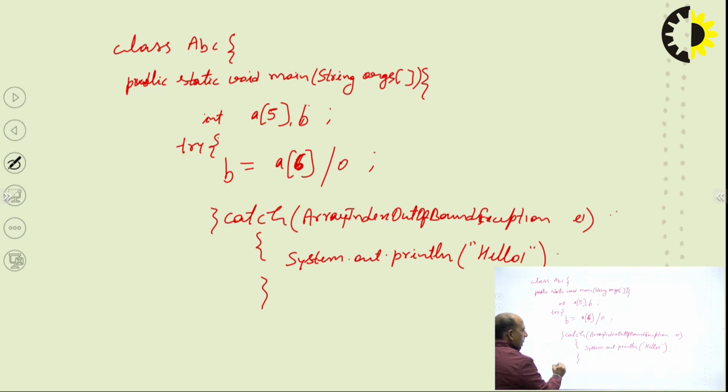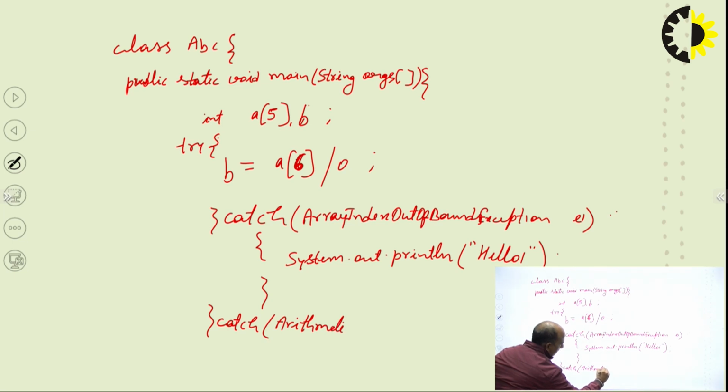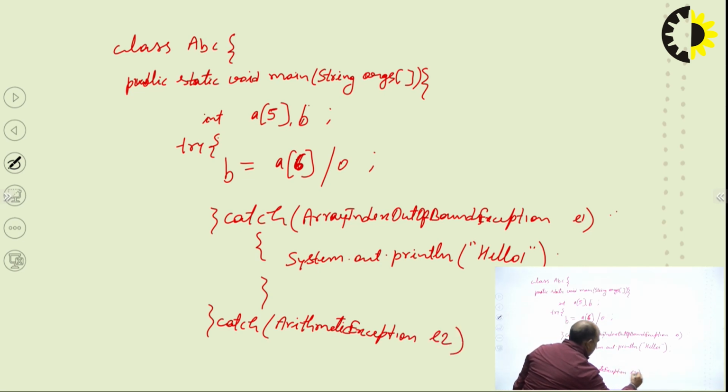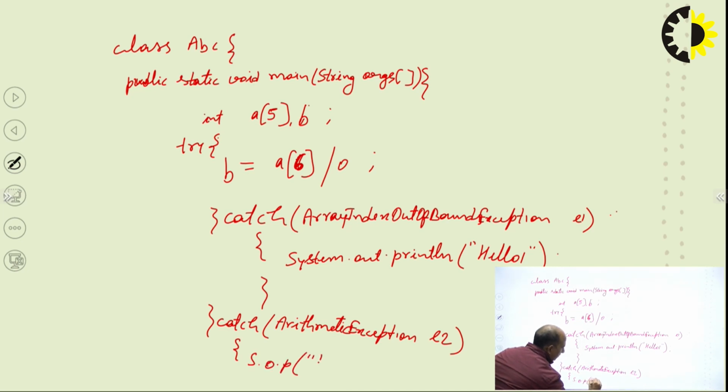I am using another catch, and here I am passing an ArithmeticException object, let's say E2, and here I am writing System.out.println("hello 2"). So I'm closing this catch, then after that I am closing the main function and then closing the class.